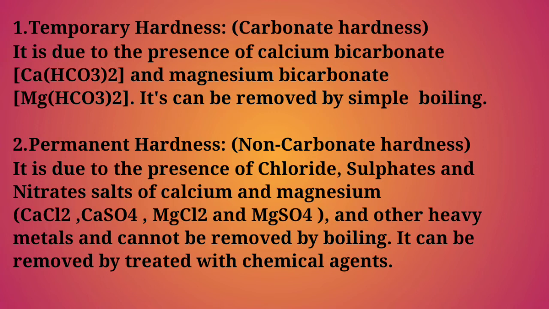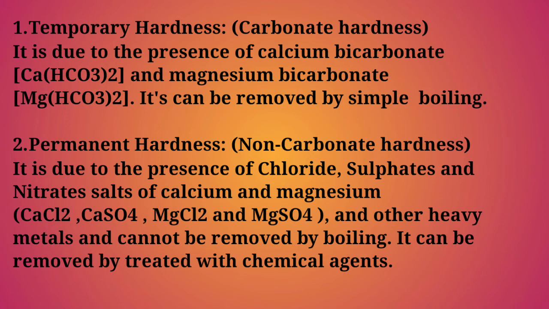It can be removed by a simple boiling process. Permanent hardness is due to the presence of chlorides, sulfates and nitrate salts of calcium and magnesium and other heavy metals, and can't be removed by a simple boiling process. It's also known as non-alkaline hardness of water.